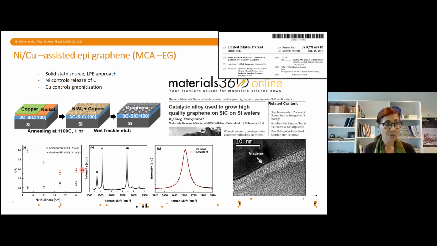This type of D band corresponds to what we have estimated to be around 100 nanometer of grain size, but it's still good enough for some of the applications that we want to look into. And so remember this 100 nanometer, because it will come back in some of the considerations regarding sheet resistance. So this is basically the approach that we started working with.